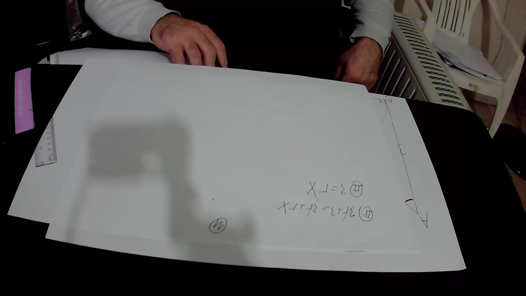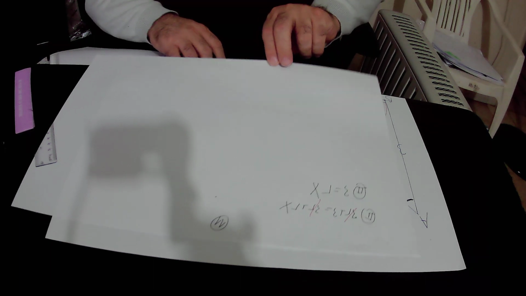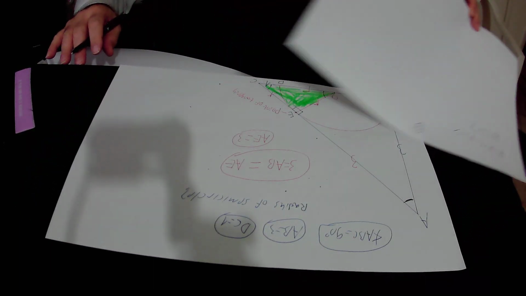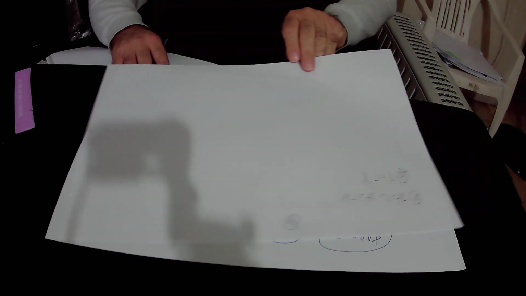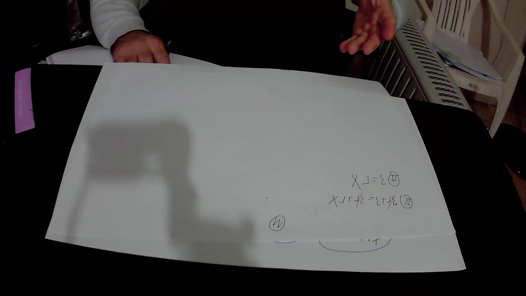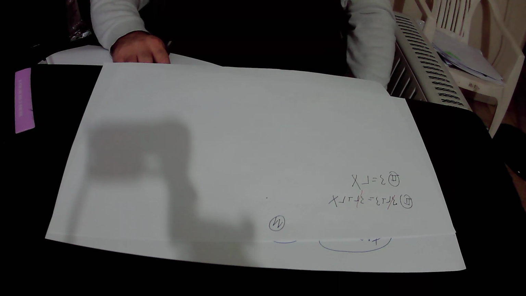Here we will divide equation number 2 by x. First of all, why is it allowable to divide equation number 2 by x? Maybe x is 0, and if x is 0, you are not allowed to divide by 0. You're never allowed to divide by 0.